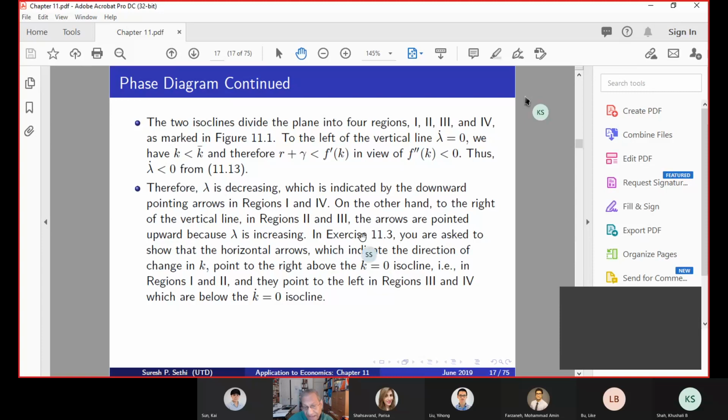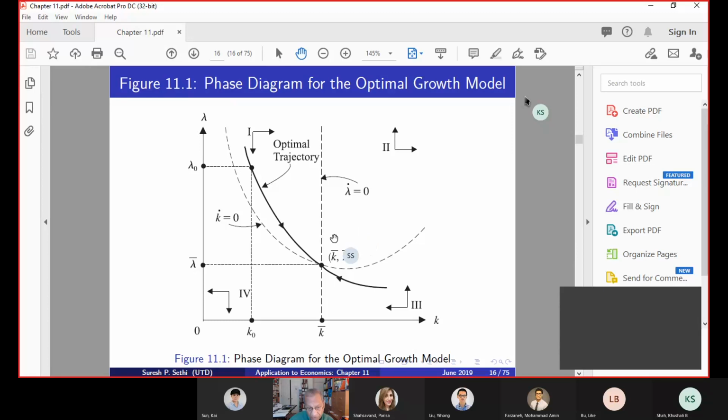For k, I'm asking you in exercise, you're asked that the horizontal arrows which indicate the direction of change in k point to the right above k dot 0 and left below. So in exercise, you're asked to show that k dot is going to increase above this line and is going to decrease below this curve. And then we get all this. So we got that part.